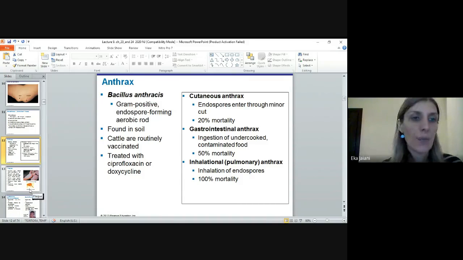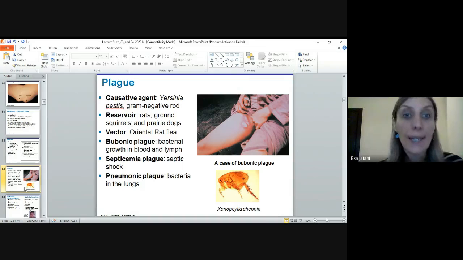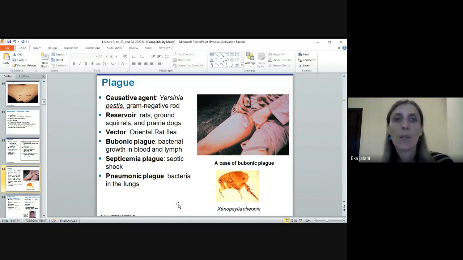Plague, yeah, you have heard about plague. Many people in the past were dying of plague, and the reservoir of the plague are mainly rodents, rats, prairie dogs, other rodents, and humans get infected through fleas.